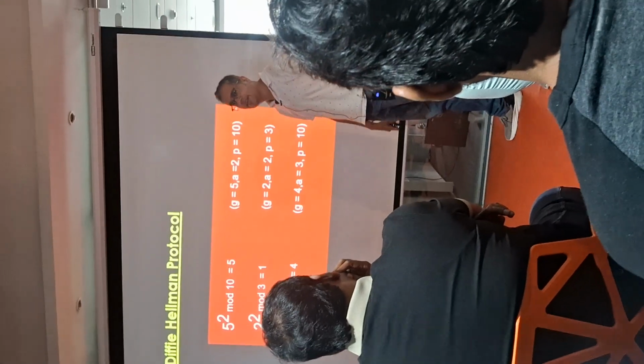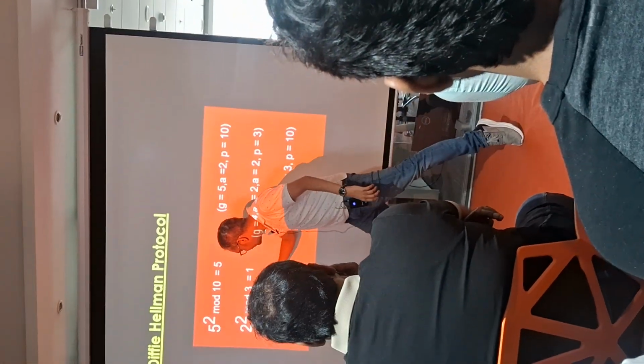Similarly, for these numbers, 2 to the power of something mod 3 is equal to 1. Now what it is trying to say is that you have three data: the base number, the power, and the mod. What if this number is a huge prime number?